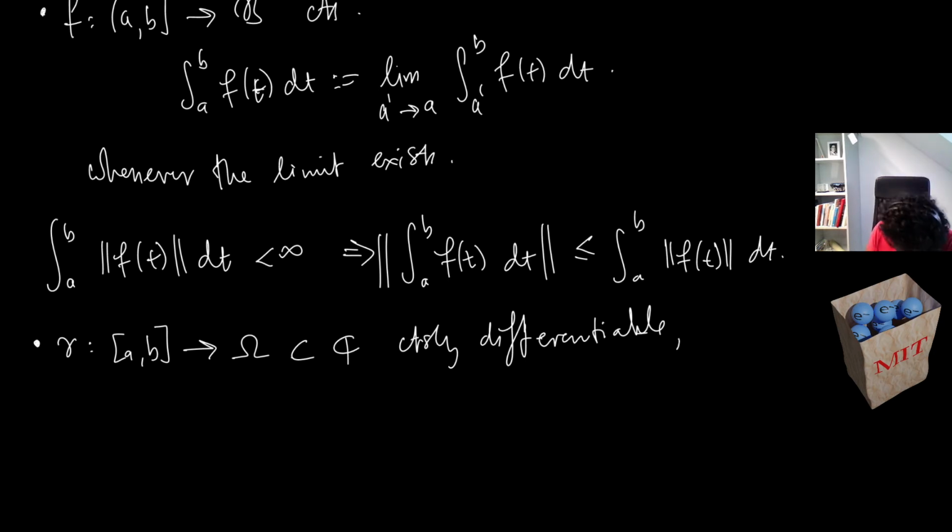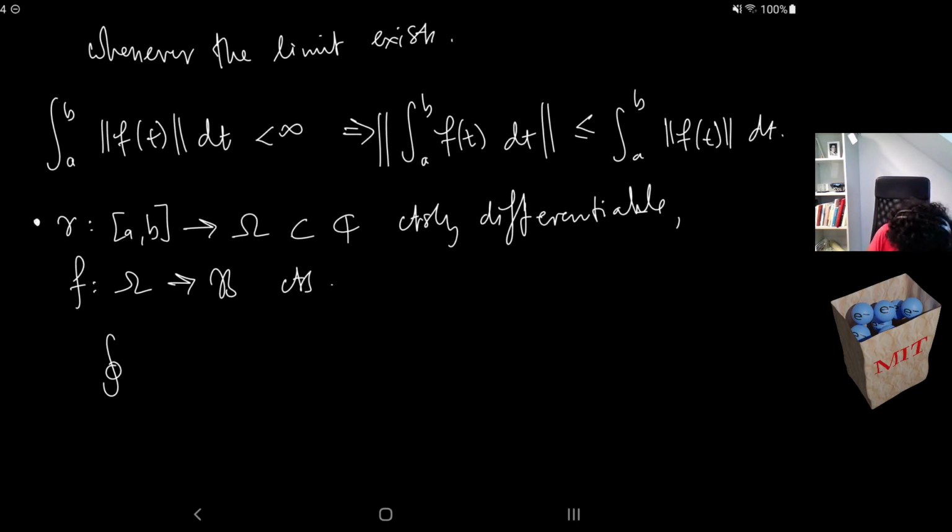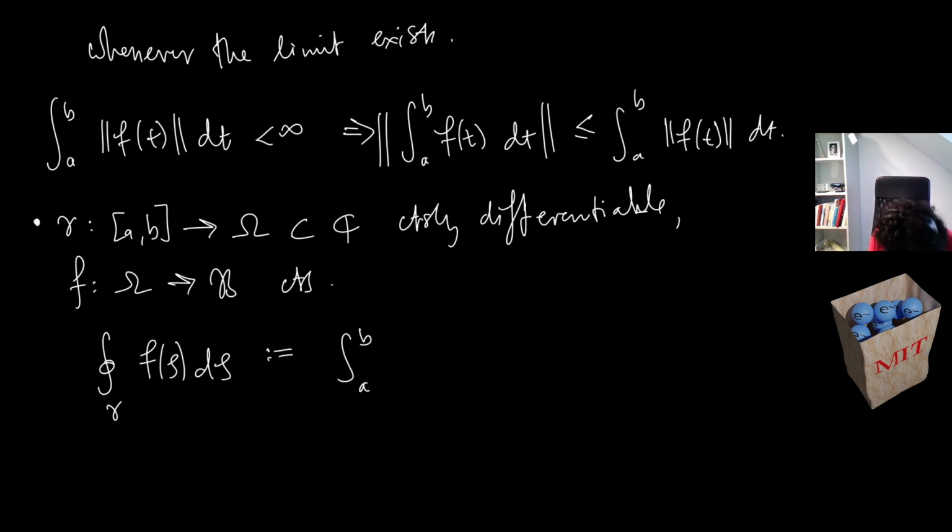And we take some function f from omega into B, continuous. Then the contour integral of f is simply defined to be the integral from a to b of f composed with gamma of t, times gamma dot of t, dt.